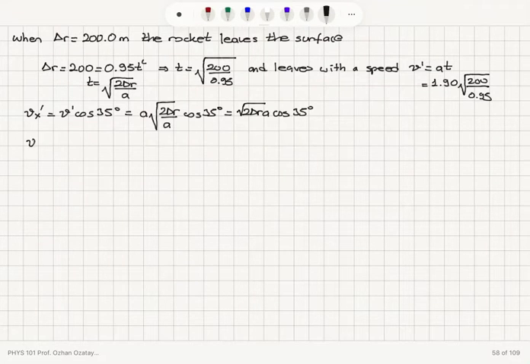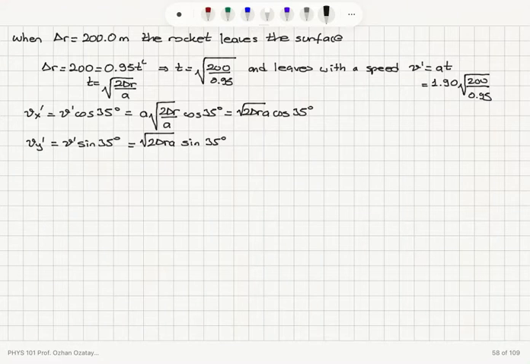And its y component, vy prime, will be v prime sine 35, and that will be the square root of 2 delta r a times sine 35.